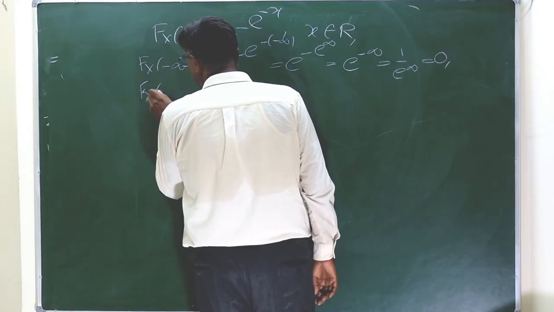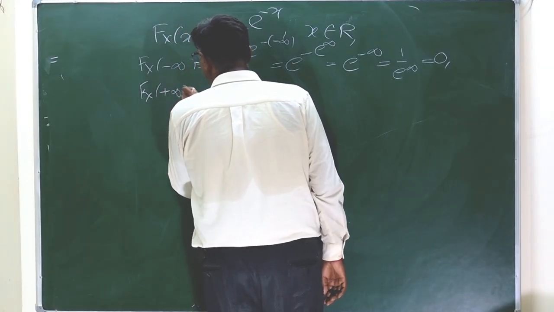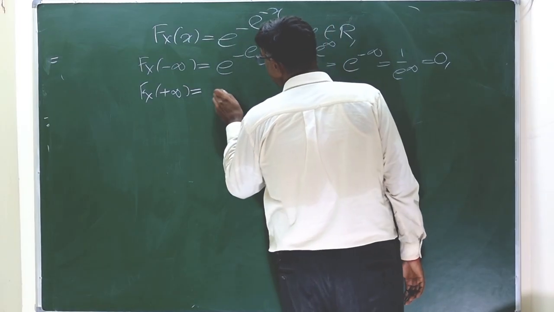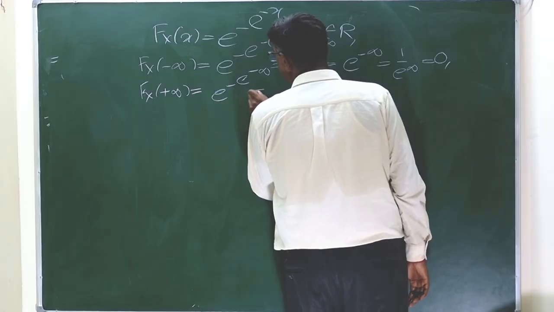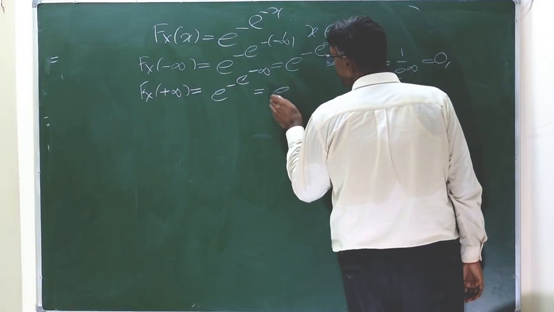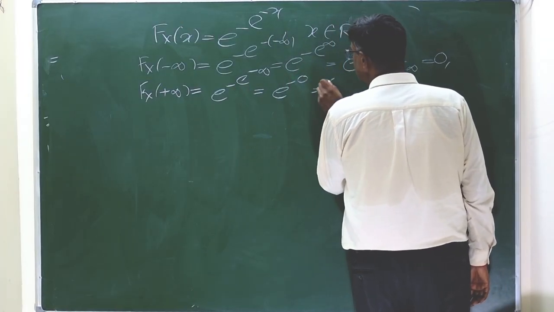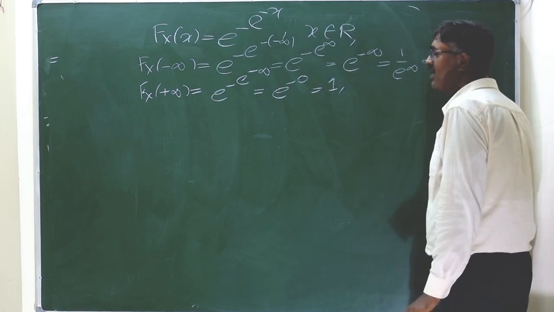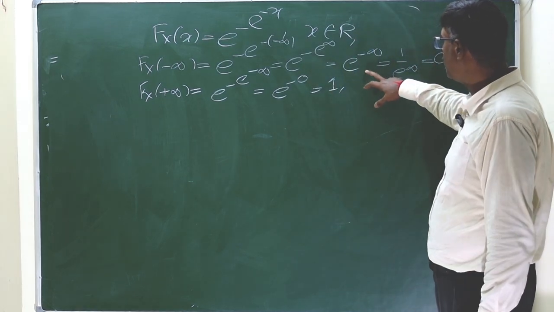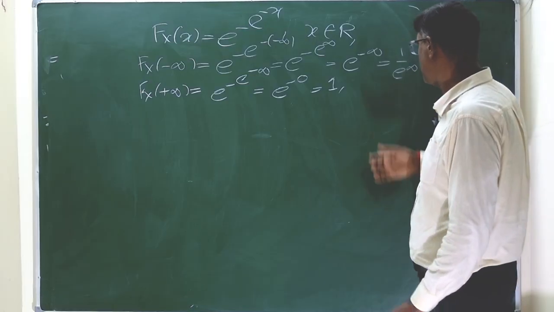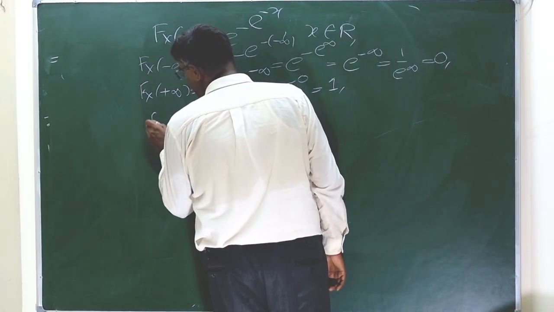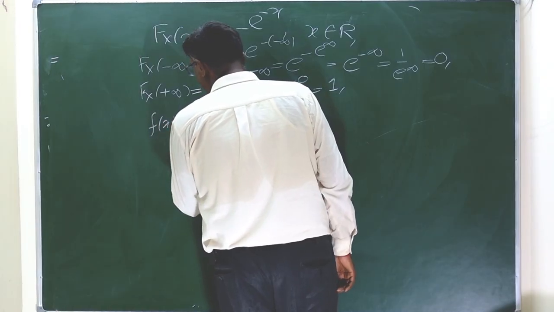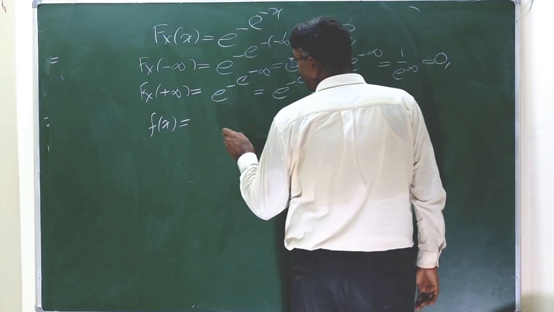Now F of x at plus infinity: e to the power minus of e to the power minus infinity. So e to the power minus infinity is e to the power 0, which is 1. This way we have established the basic properties of F of x at minus infinity and plus infinity. Now to check that the function is non-decreasing, we take F of x.